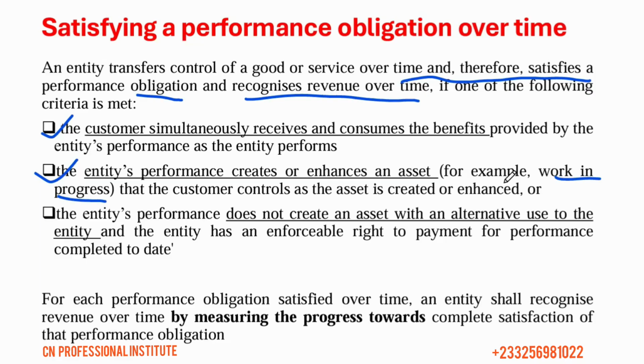So as you do it, you are creating an asset, the house, or if not creating, you are enhancing the asset. Let's say you're getting to the first floor, the second floor, the third floor. As you do it, you are enhancing the asset. So it's like work in progress. So as you do it, you are enhancing the asset that the customer controls. Are you following? So it says two, the entity's performance creates or enhances an asset.